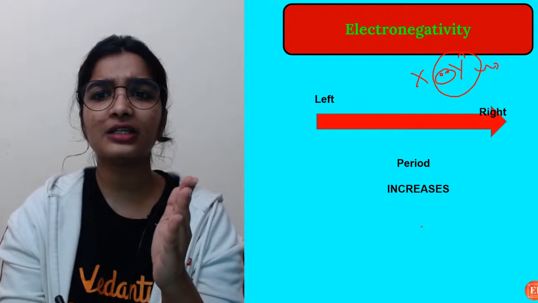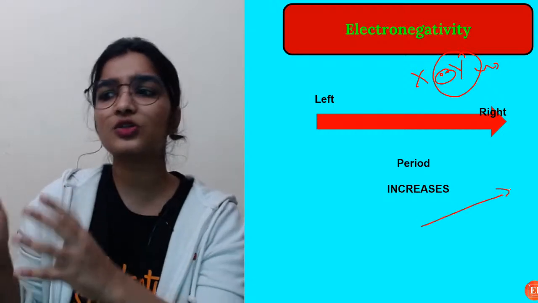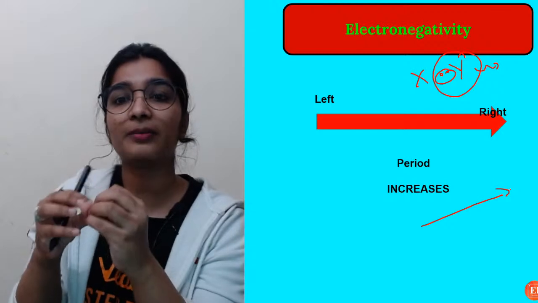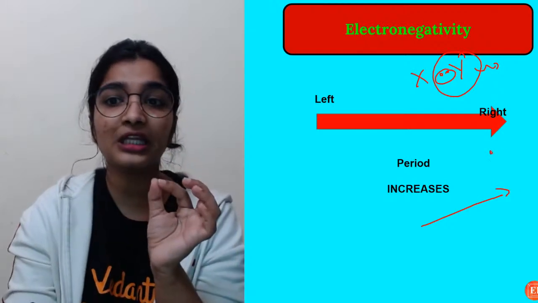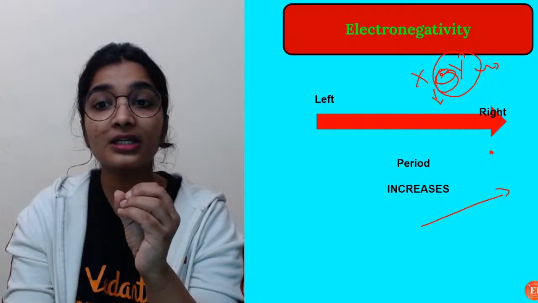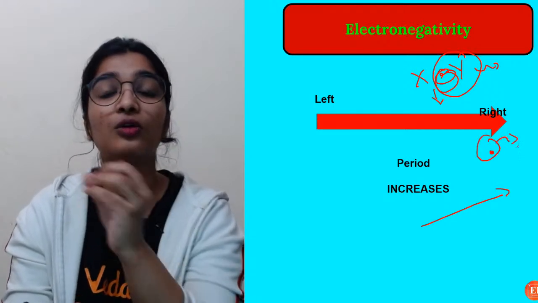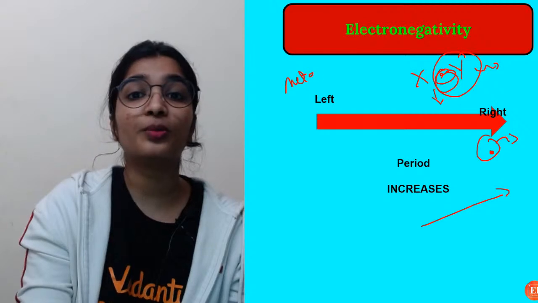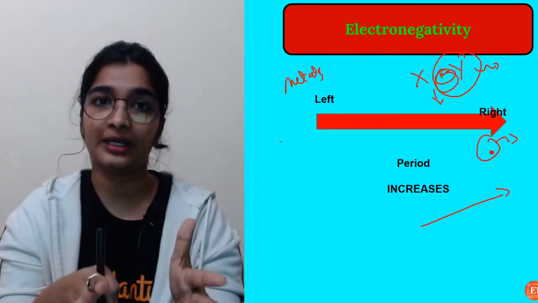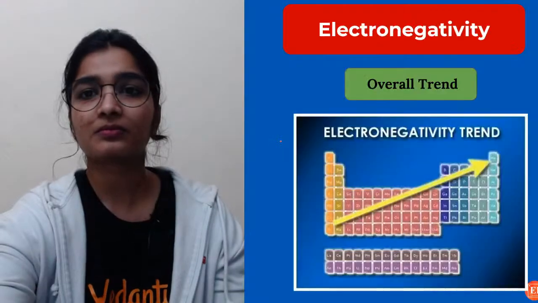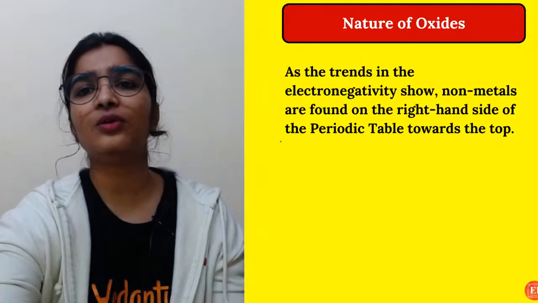As you go across the period, these atoms have smaller atomic size, so the distance between the nucleus and the shared pair of electrons is less, and their nuclei can hold on to the shared pair better than the elements of group 1 and group 2 on the left side of the periodic table.